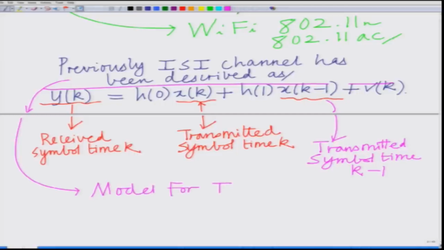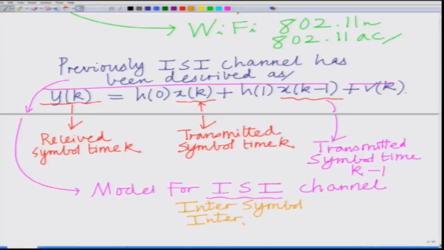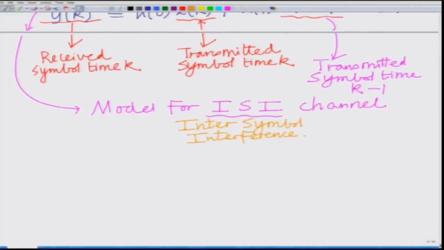where ISI stands for inter-symbol interference.